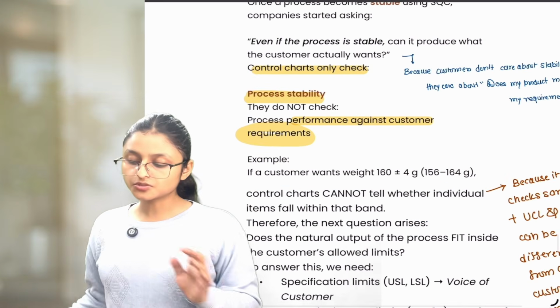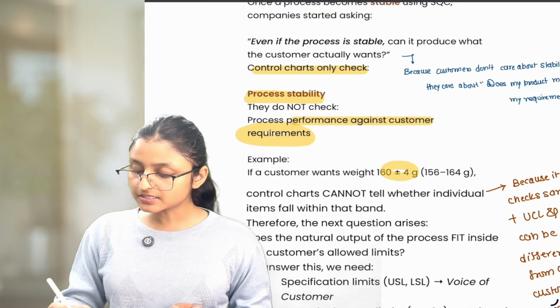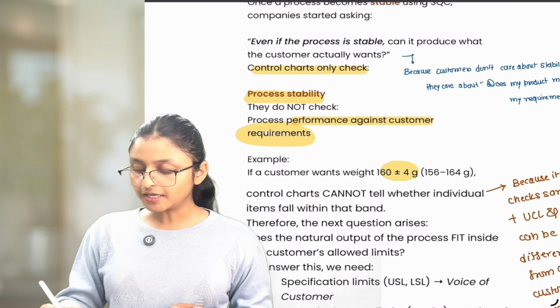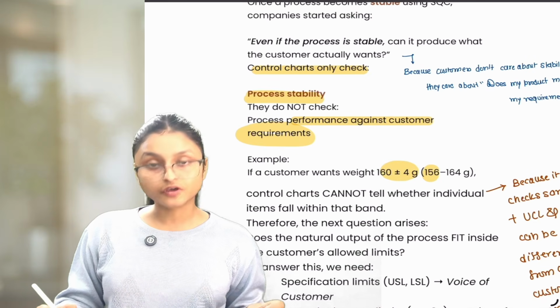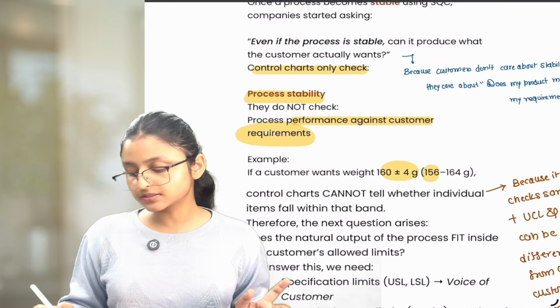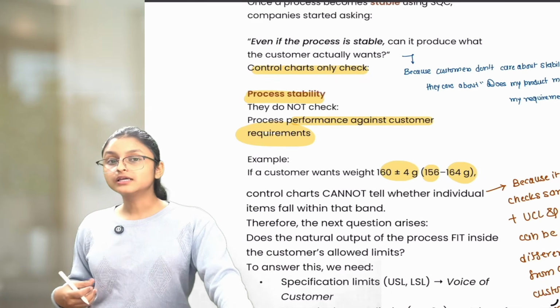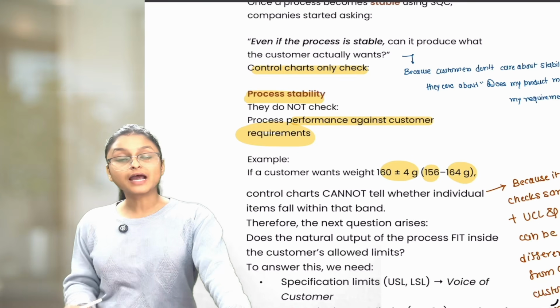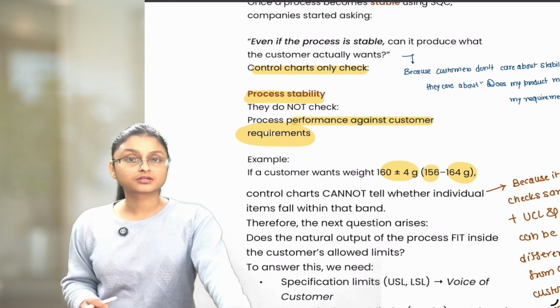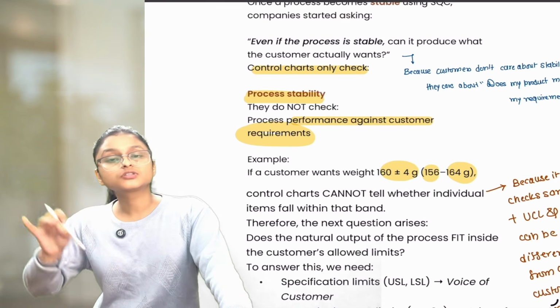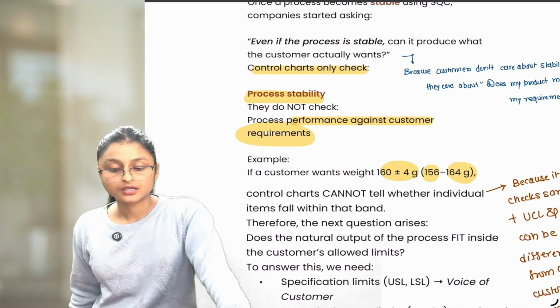Example: if a customer wants 160 plus minus 4 gram, that means he is happy if you give a product from 156 gram to 164 gram. But if it goes above or below that, he will not be satisfied and that product will be treated as a defective product. It's of no use because it is not able to satisfy the customer, right?